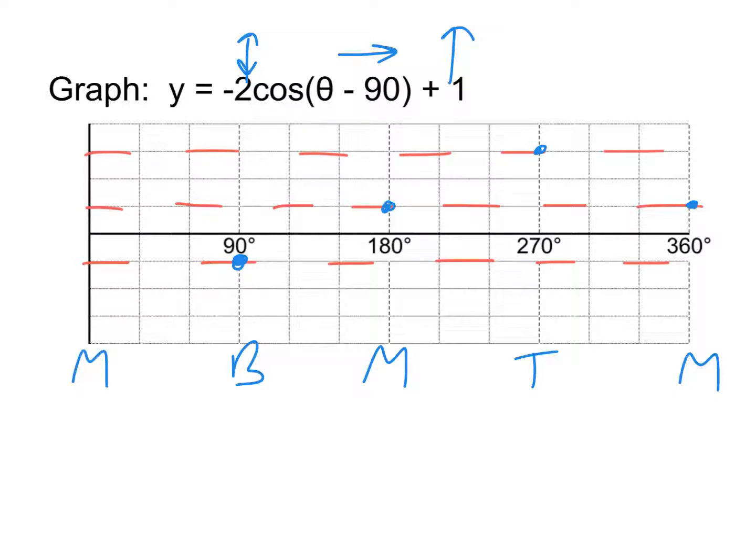If I'm at the bottom, the next thing is the middle. All right, and then once you've drawn in the main points, we can put in the 1/2 as well to improve our aim and make our curve look a little bit nicer. And then go ahead and draw the curve that goes through those points. And so then this is what our final graph should come out looking like. Once you have that, then you're going to be able to handle pretty much any of the cosine graphs that you see.